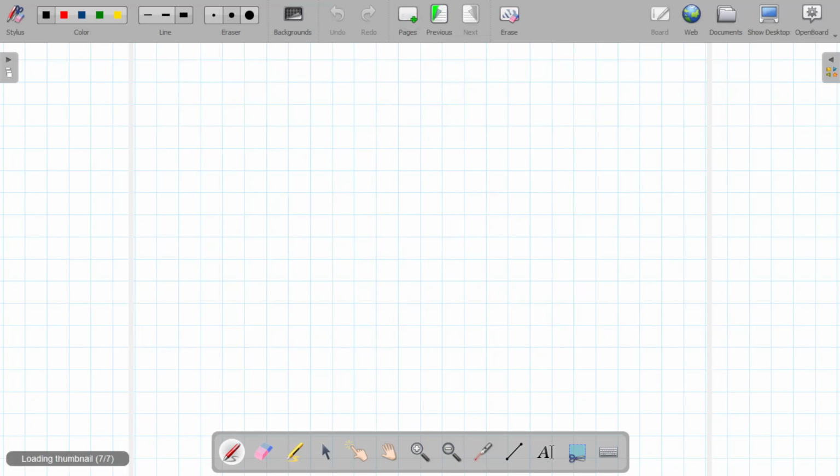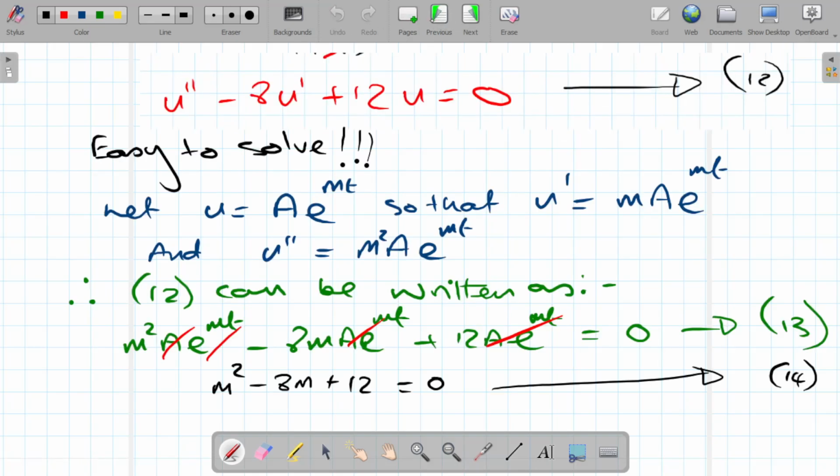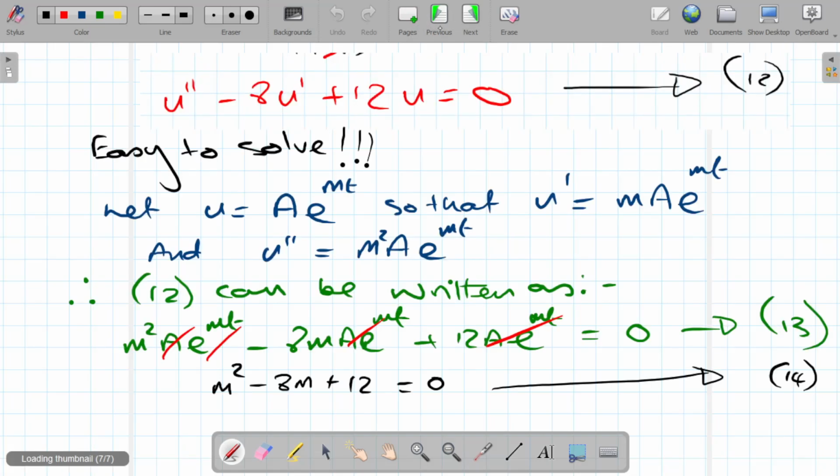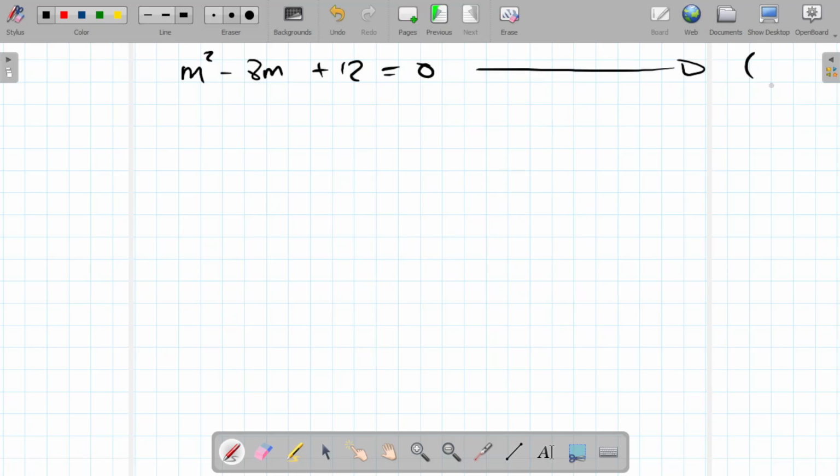So let's go on to a new page. So we've got m squared minus 8m plus 12 equal to 0. We said that was equation 14, didn't we? I should have just cut and pasted it.